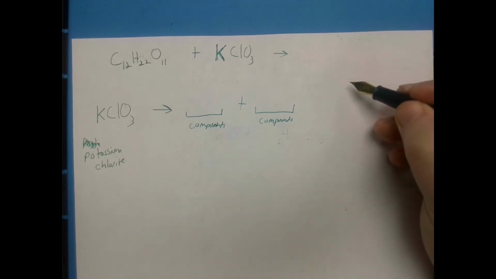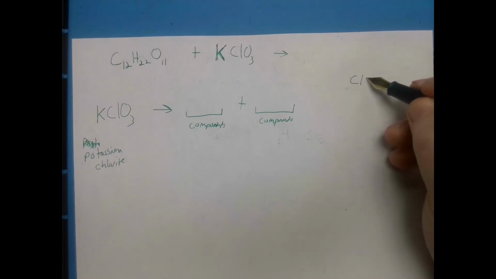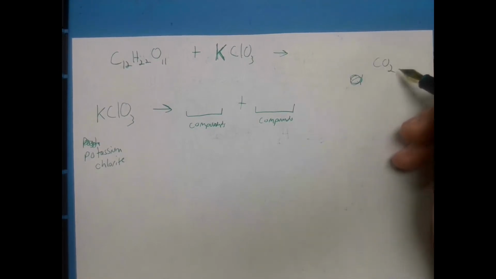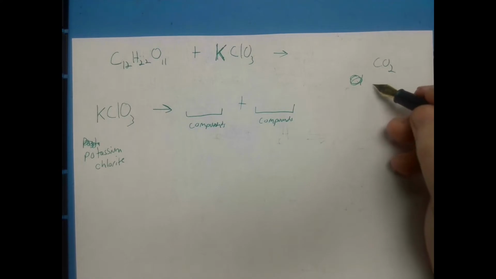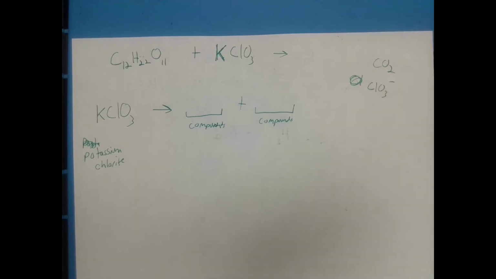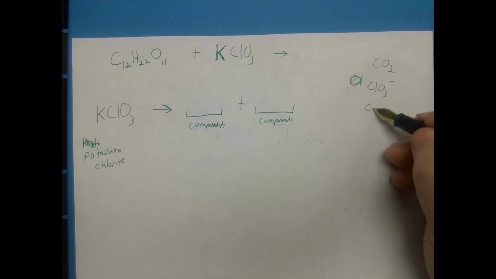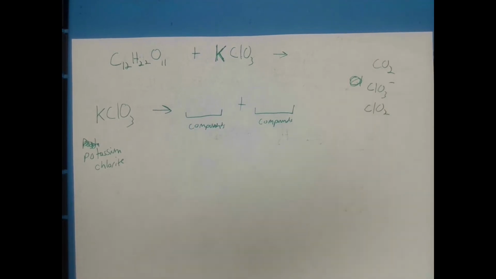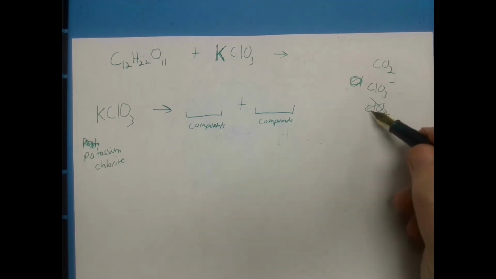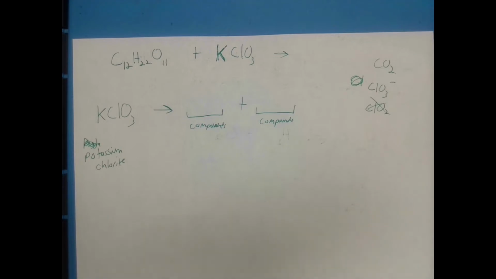So, just use common things you're used to. So, you're used to carbon monoxide. However, so this is an ion. Is this an ion or a compound? Unlikely. Remember, chlorine and oxygen are very electronegative.